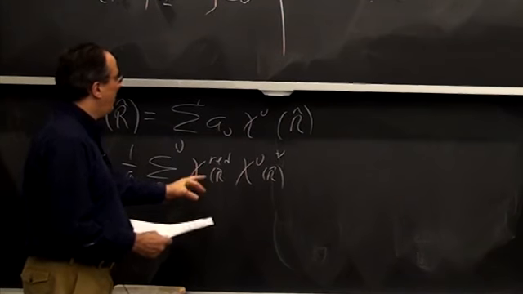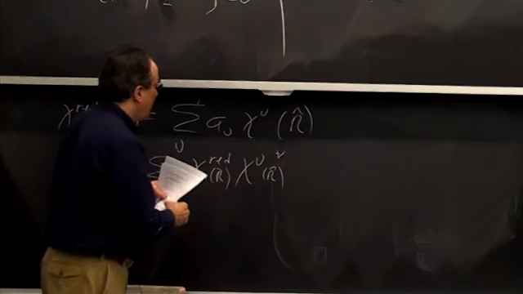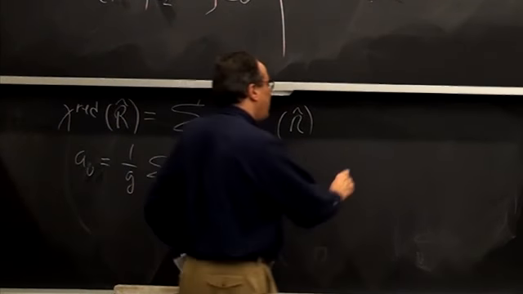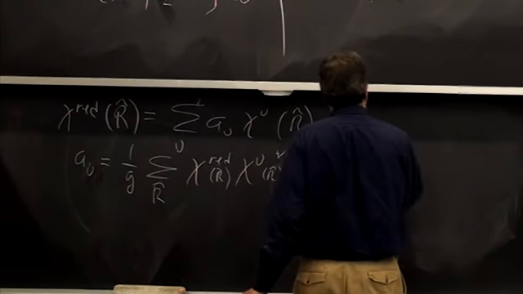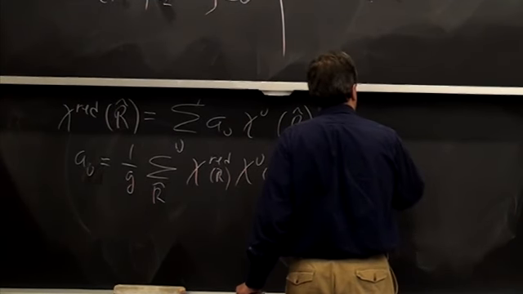So you have an element, for a reducible representation, it's going to be a set of numbers. What am I going to call them?